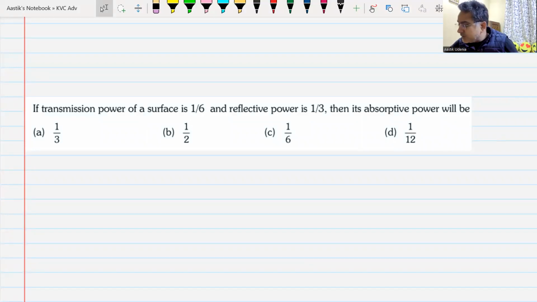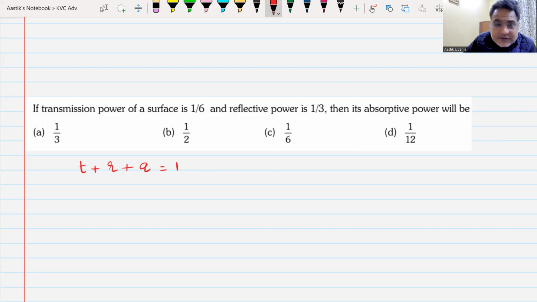Remember, transmittive power T plus reflective power R plus absorptive power A must be equal to 1. Transmittive power is given as 1 by 6, reflective power is given as 1 by 3, so absorptive power is 1 minus (1 by 3 plus 1 by 6), which is 1 by 2. The answer A is also 1 by 2. Do we understand this? Yes, sir.